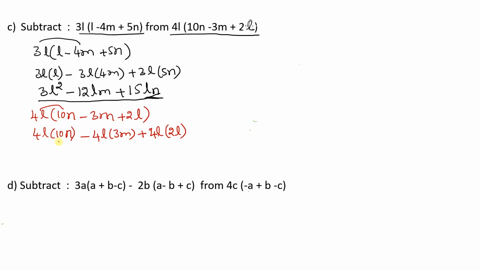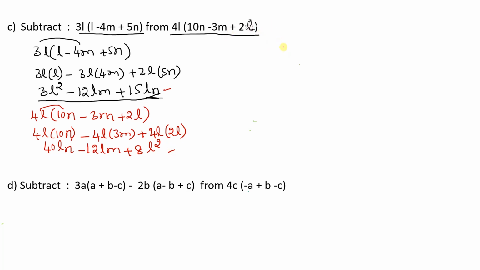Now 4 tens are 40l into n minus 4 threes are 12l into m plus 4 twos are 8l square. Now you have to subtract this from this expression.